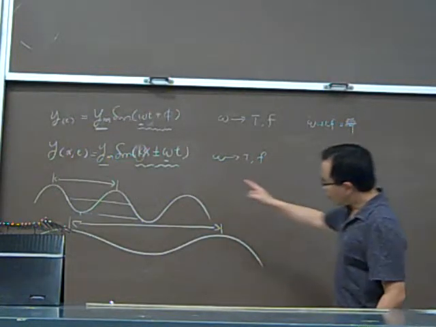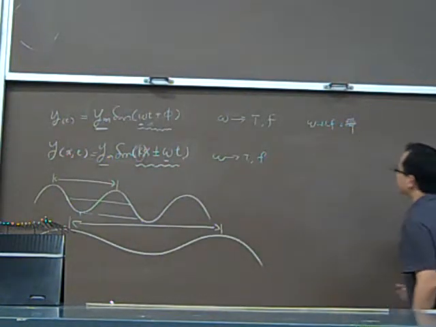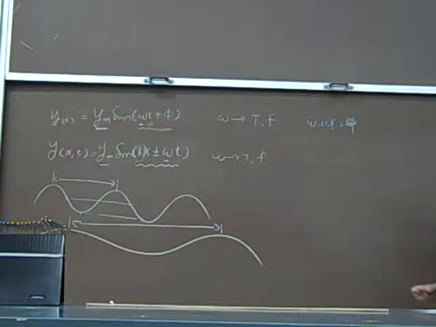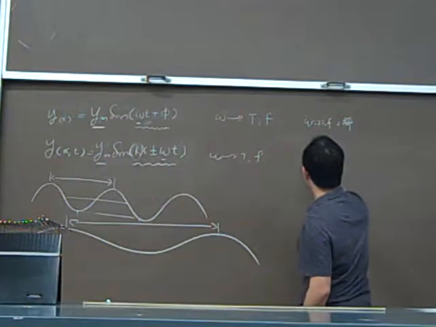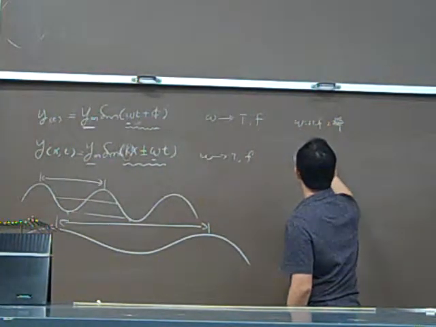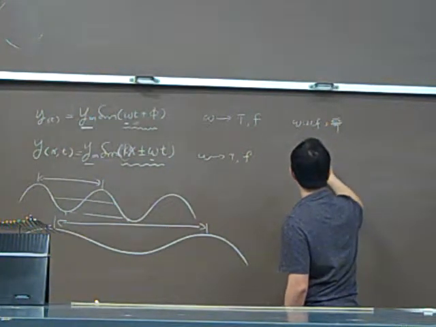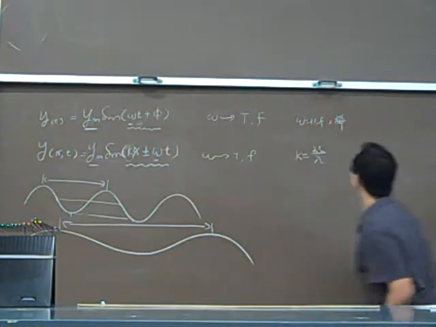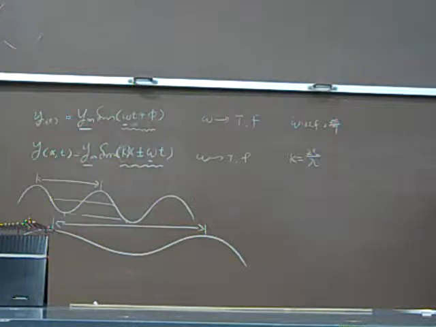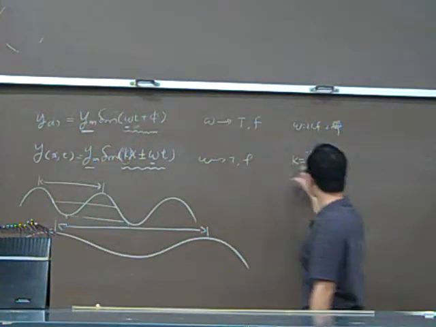Now, wavelength is related to k. We can write the equation between k and the wavelength as k equals 2 pi over lambda. If you compare this, there's some similarity in this equation, but they are talking about different quantities.